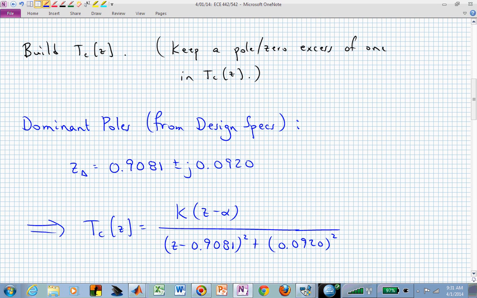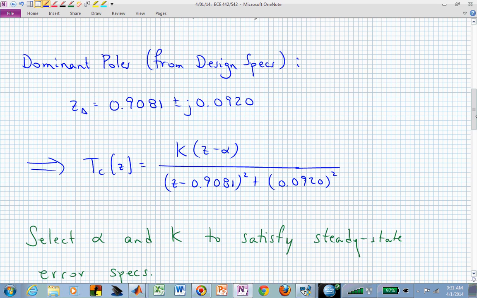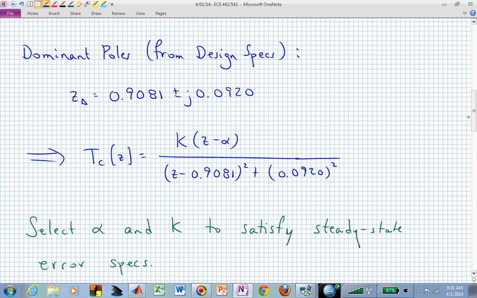What we don't yet know are the K value and the alpha value, and we will design those into T sub C of Z in order to satisfy our steady state error specifications.